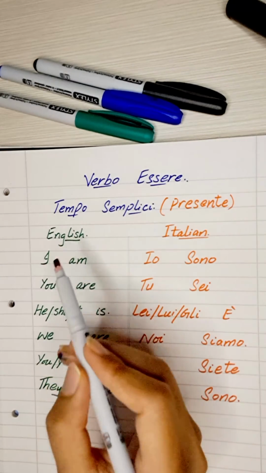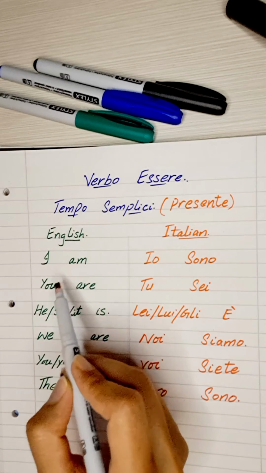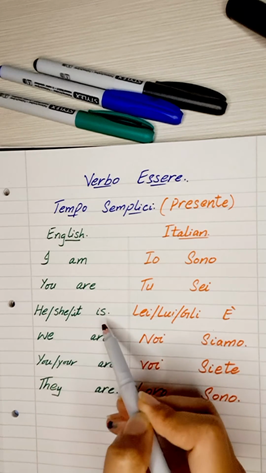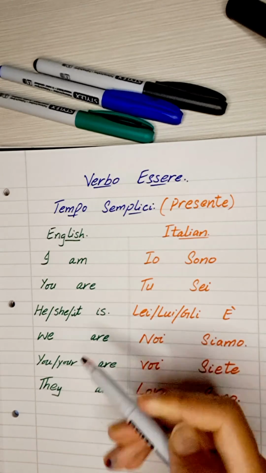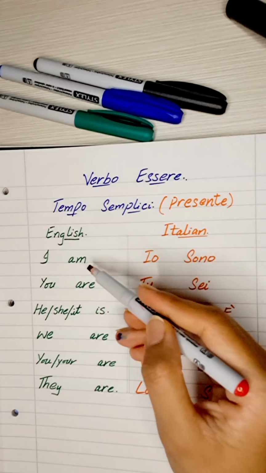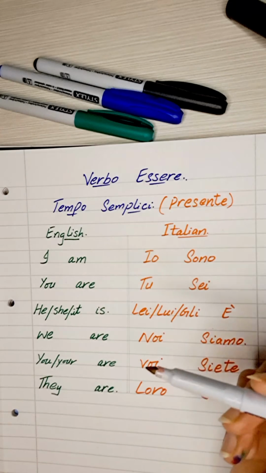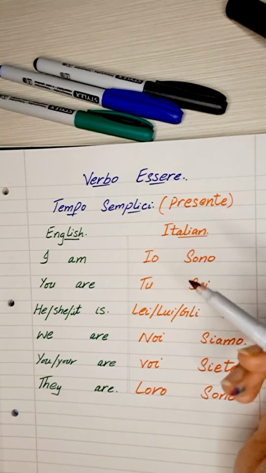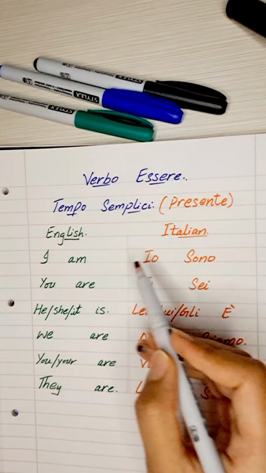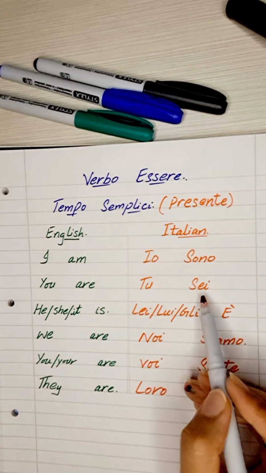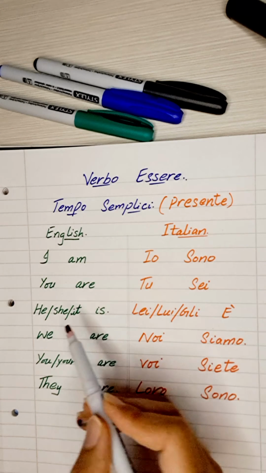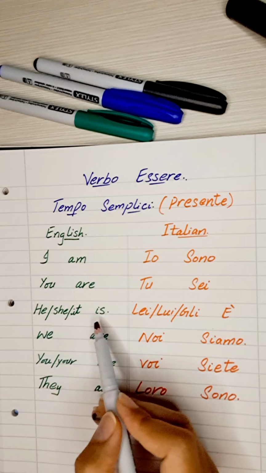In English, I am, you are, he, she, it is, we are, you are, they are. We have three verbs: is, am, are. But in Italian we say I am, io sono, you are, tu sei, he, she, it is.